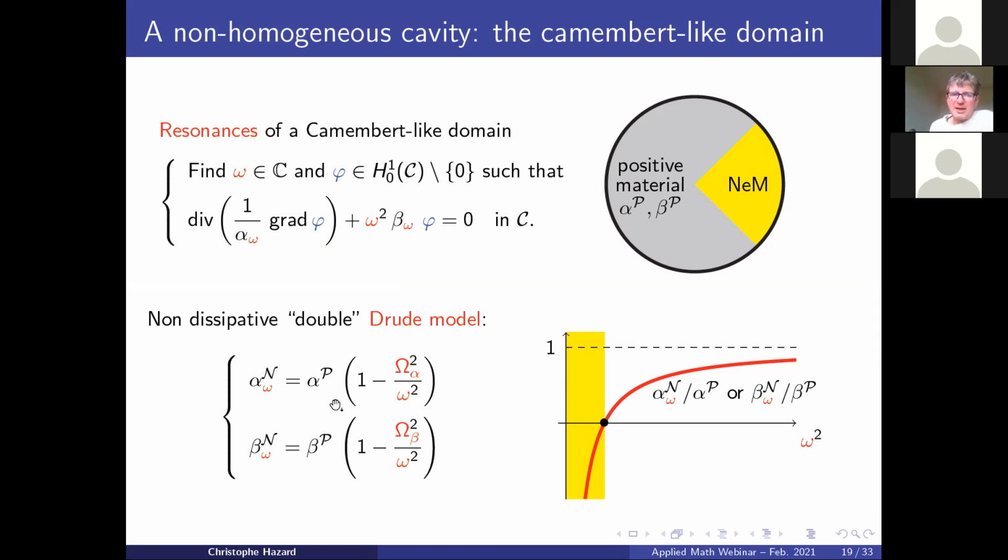Here I'm going to consider the case of the double Drude model, that is the case where alpha and beta in the negative material satisfy the Drude law here. So alpha p and beta p are exactly the values I have here in the positive material. I have two constants here which define my negative material, omega alpha and omega beta.